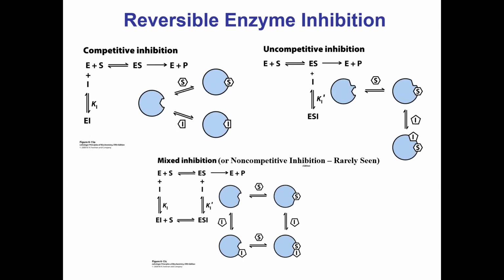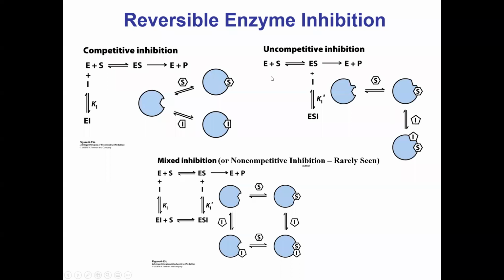But if it is a competitive inhibitor and you increase the concentration of substrate by 1000-fold, you will see that you actually are not seeing any inhibition now. Why? Because the substrate directly competes for the same binding pocket of the enzyme, and substrate concentration is so much higher than the inhibitor concentration, you can overcome inhibition. So higher substrate concentrations can overcome inhibition when the inhibitor is a competitive type.